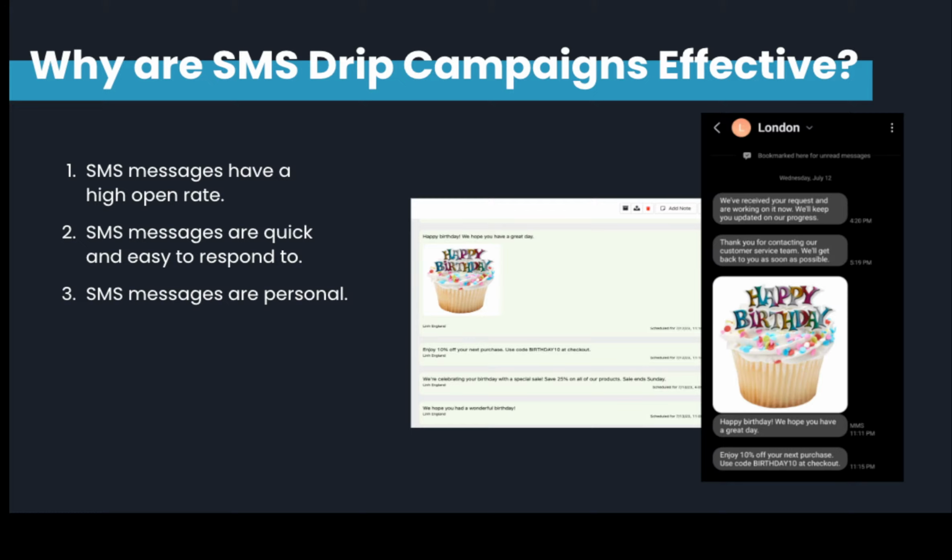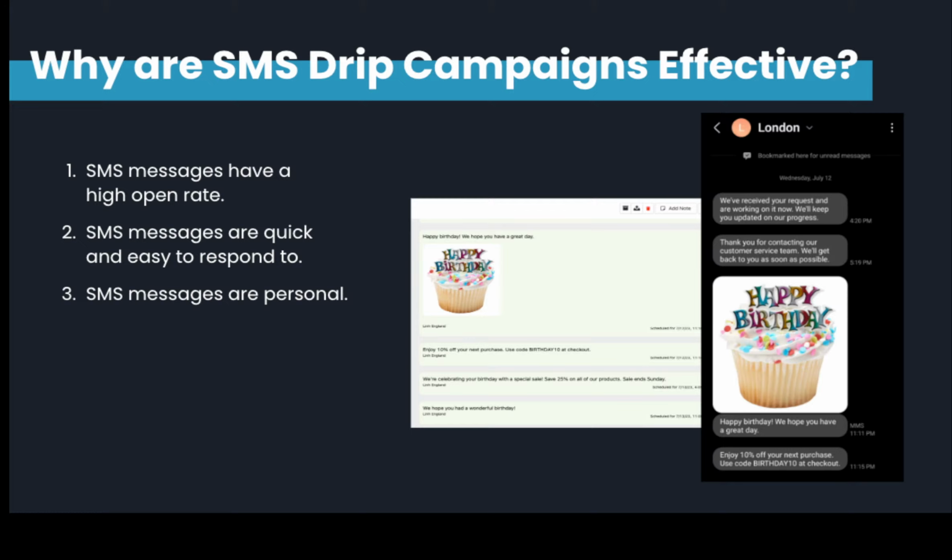Text messages are also quick and easy to respond to, which means that you can get feedback from your contact or customer quickly, which will allow you to improve your campaign and process more efficiently. SMS messages are also more personal. You can easily personalize the content by including the recipient's name or other personal details that can make them feel more engaged and valued by your business.